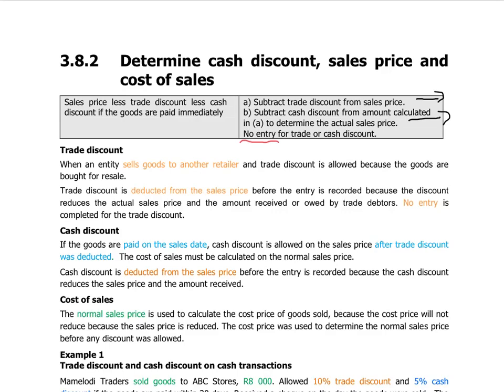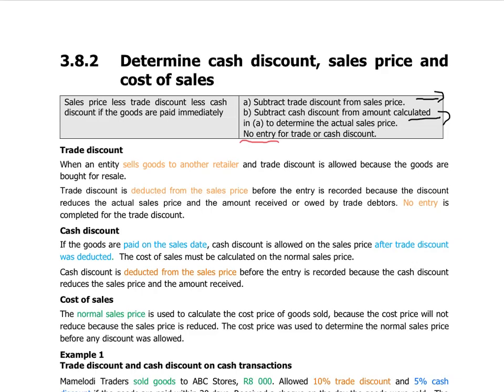If we look at trade discount, when a retailer sells goods to another retailer, this retailer can ask for trade discount because the goods were sold in bulk or because the goods are purchased with the purpose of reselling.